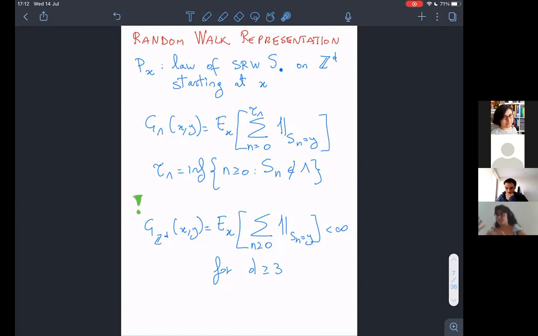The random walk is transient, so on average it will return finitely many times to the point y. So essentially this Gaussian free field, this multivariate Gaussian, has finite covariances, or finite variance, everywhere on Z^d whenever d is larger than 2, so you have an infinite volume measure.